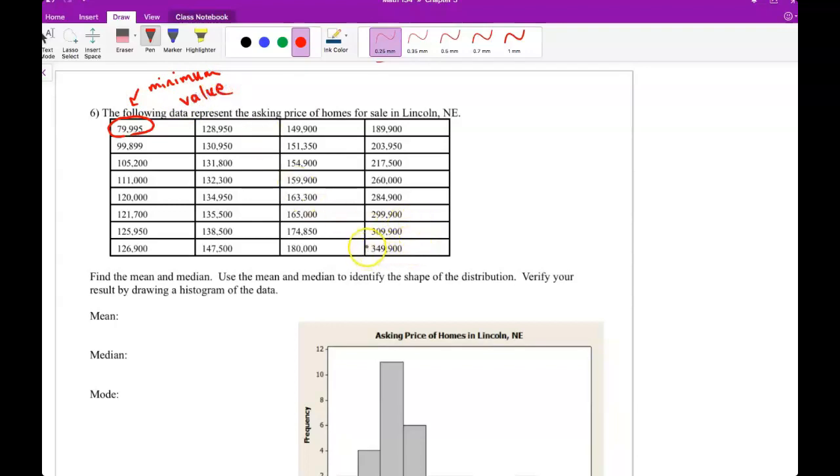And here we have the max. Find mean and median. Use the mean and median to identify the shape of the distribution. Verify your result by drawing a histogram of the data.